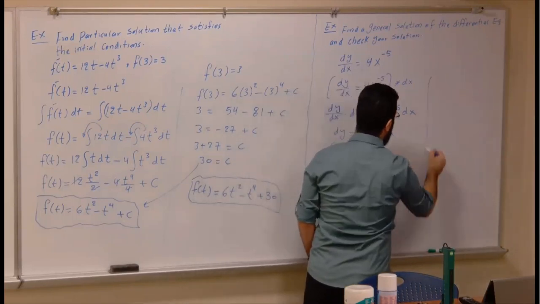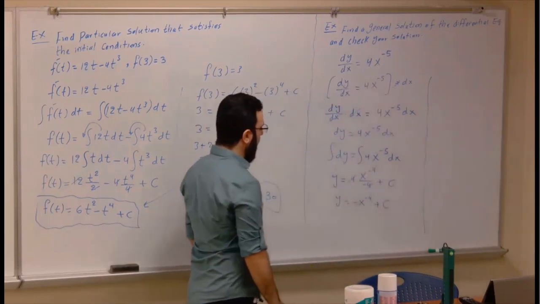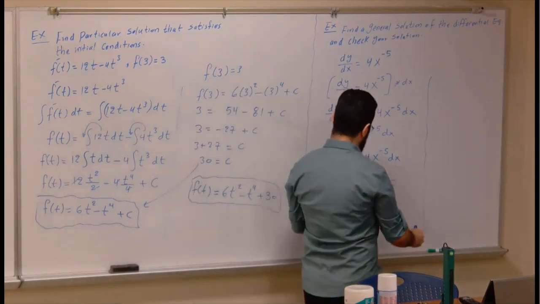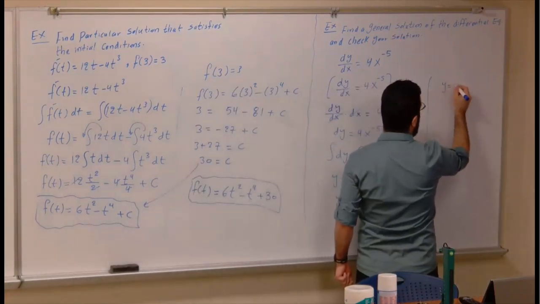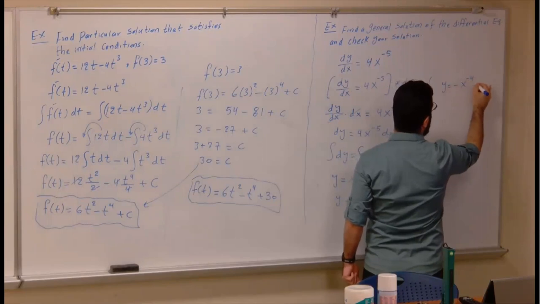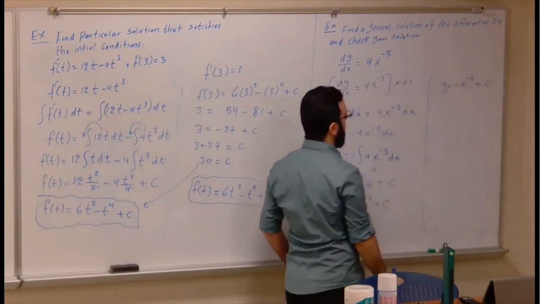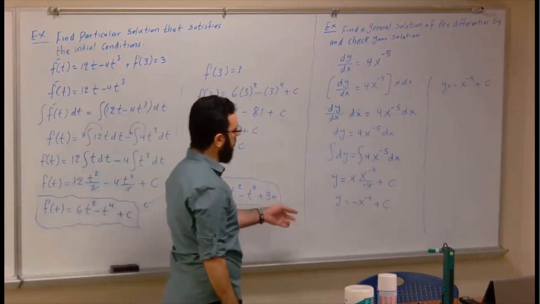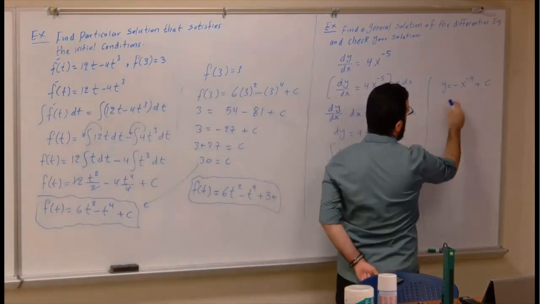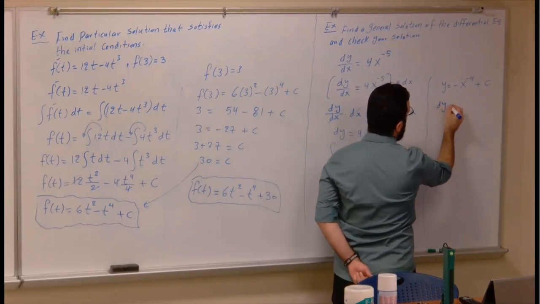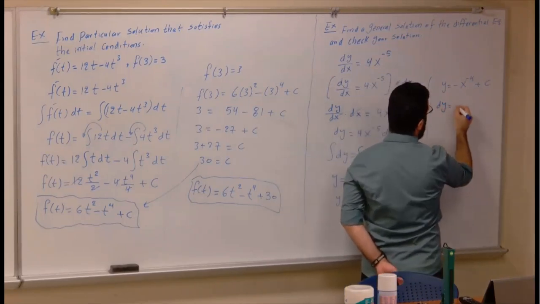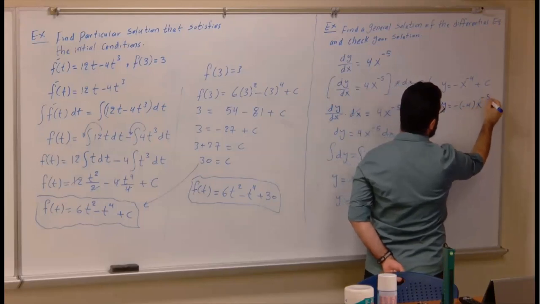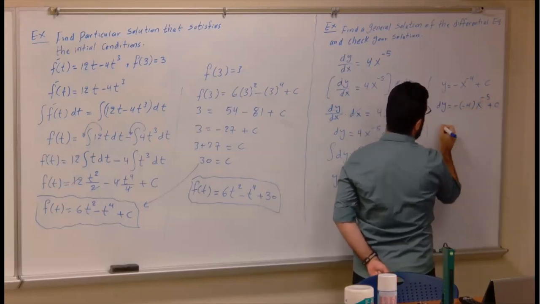Now the question: this is the general solution. How are you going to check it's the right one? We have y equals negative x to the negative 4 plus c. I need to check this is the right solution. What I'm going to do is take the derivative here. That means dy is going to equal negative 4 times x to the negative 5 plus 0.